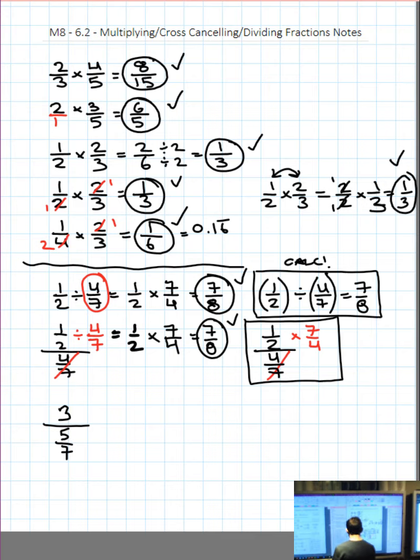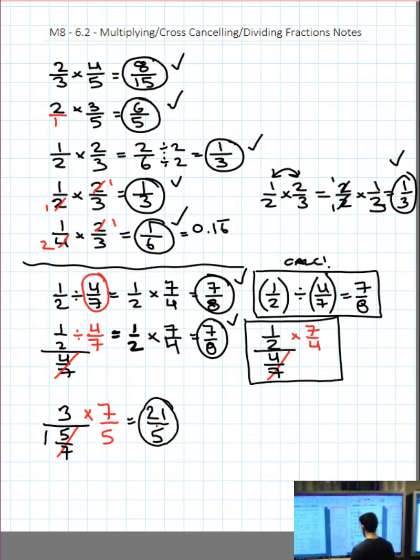So, because we're dividing by 5 over 7, we can simply times by 7 over 5. And what's the 3 over? Well, it's over 1. And I can simply multiply the tops. 3 times 7 is 21. And 1 times 5 is 5. And we get 21 over 5.